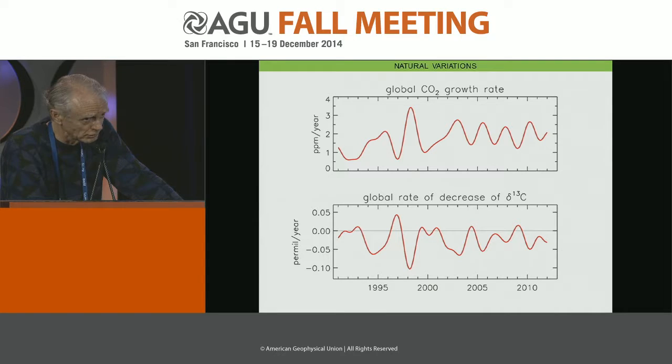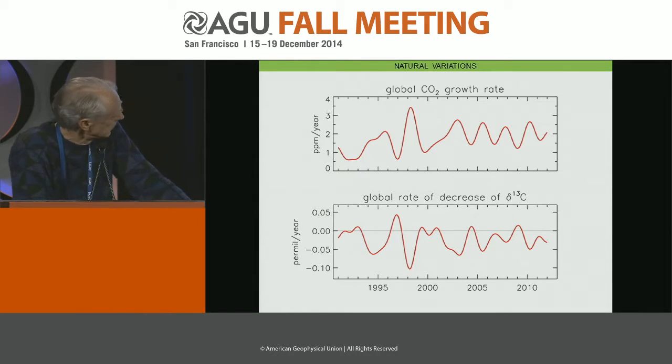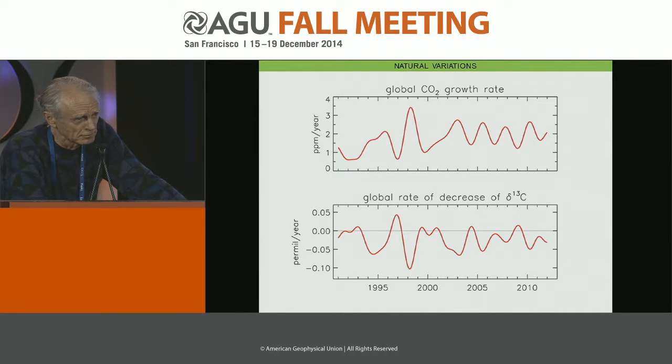And it has a downgoing trend, because we're adding, of course, fossil fuels, which are depleted relative to the atmosphere in C13. But if you look closely, you see that, certainly in the last part, the average annual growth rate is 2 ppm, and on the lower plot, you see that the rate of decrease of C13 is minus 0.03 per mil per year.